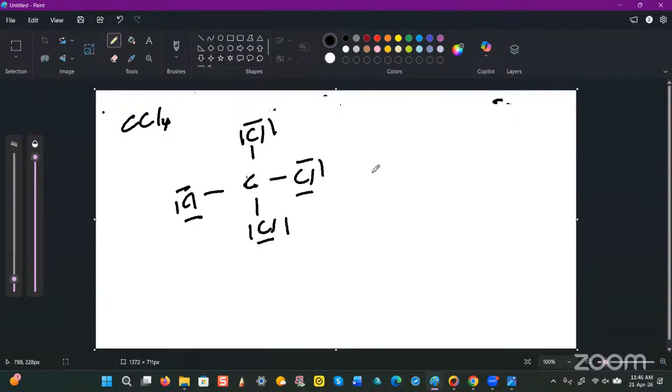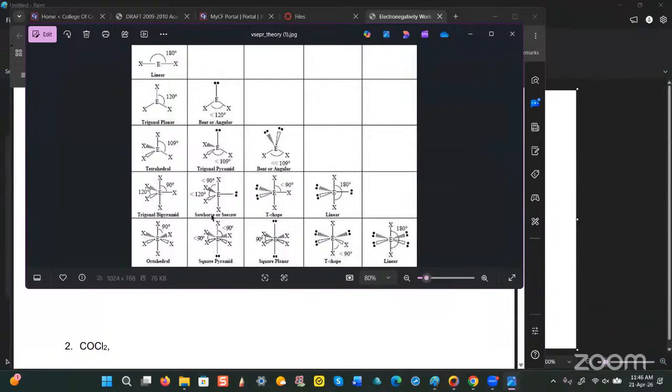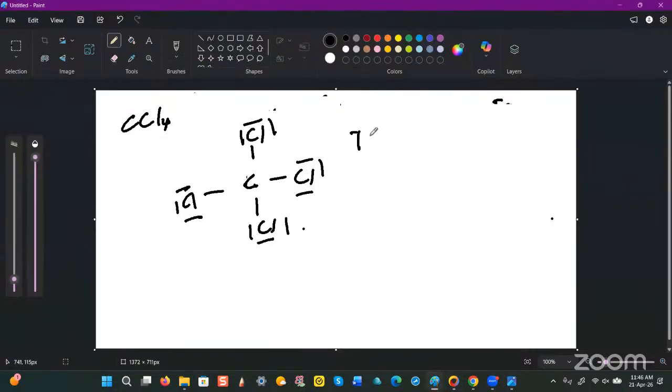So the next thing we need to determine is the shape. So you go to the table that I showed you earlier. Which structure here corresponds to carbon tetrachloride? And that is this one right here, where the central atom is bonded to 4 other atoms. The shape of that molecule will be tetrahedral. Okay? So let me just write out here, this will be tetrahedral.